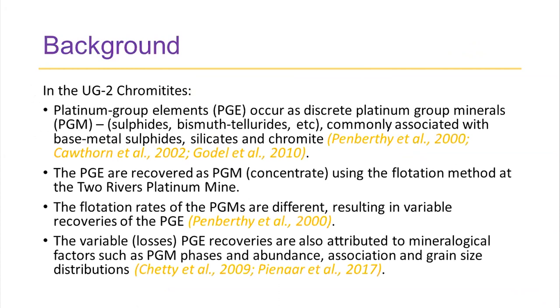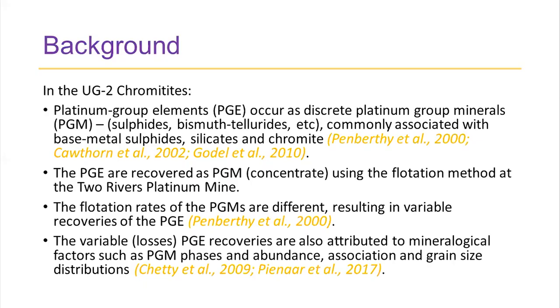So just a bit of background, the PGEs in the UG2 are sitting in the PGMs, or the platinum group minerals, and these elements are recovered as PGMs using the flotation method at the mine.